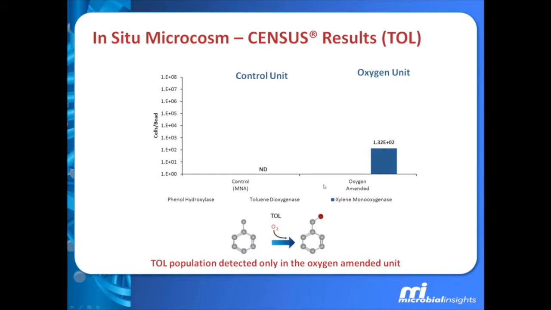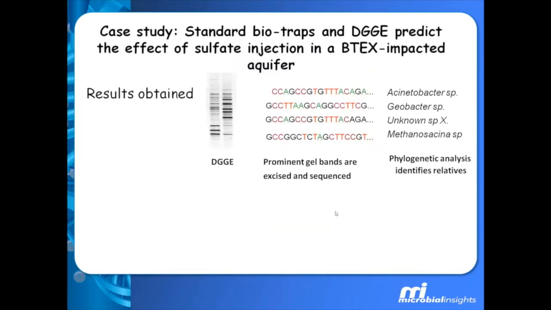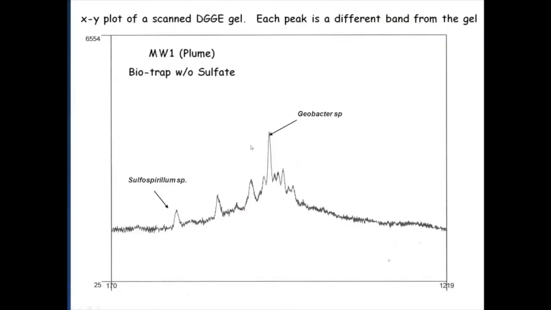Another case study. This is an aquifer again impacted by petroleum hydrocarbons. In this case, standard biotraps were installed in this aquifer, and we were using DGGE to try to predict what effects sulfate injection would have in the aquifer. So we had biotraps that were amended with sulfate, and those that were not amended with sulfate.